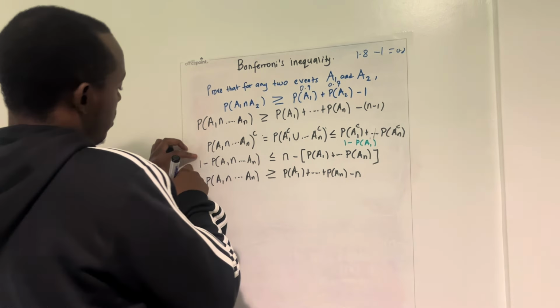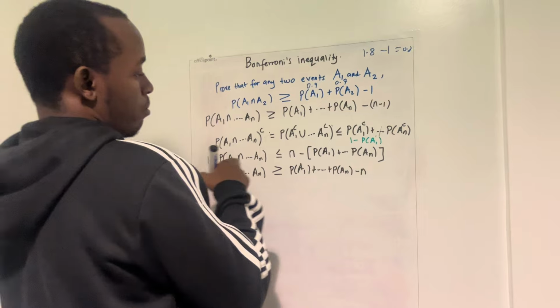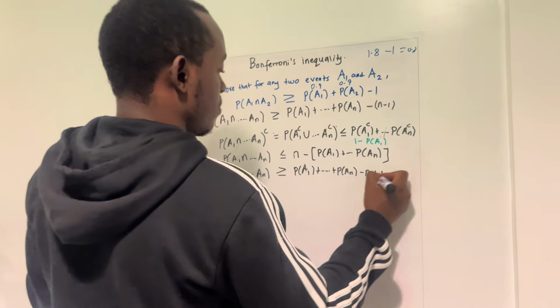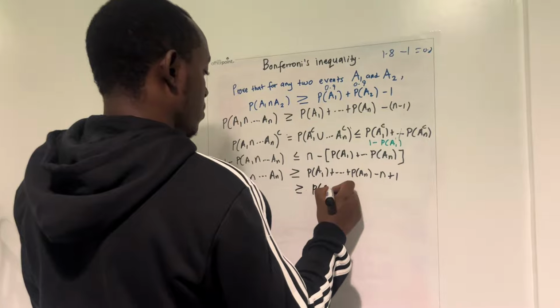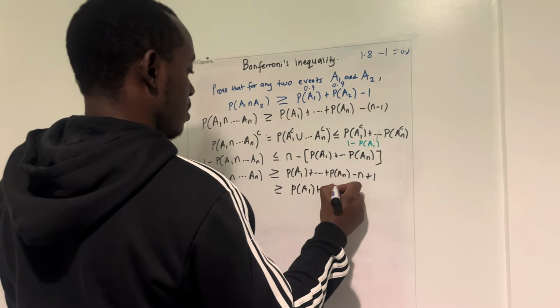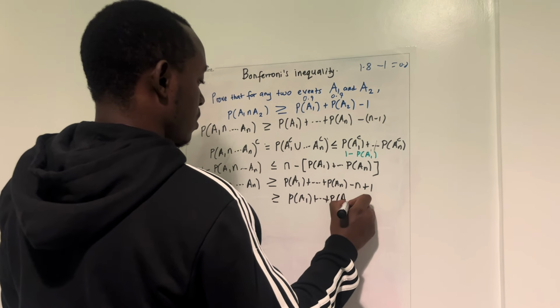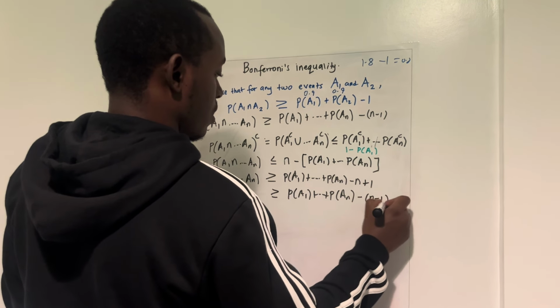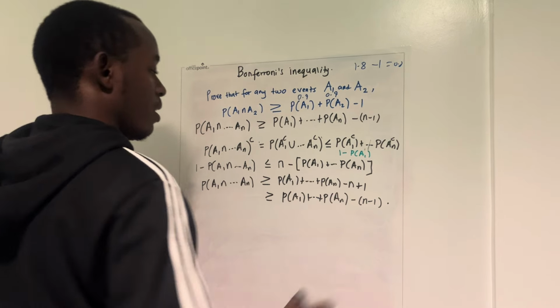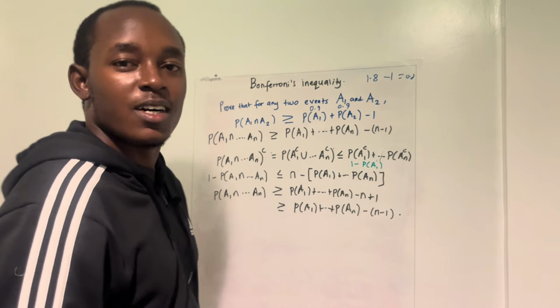That is the same thing as the probability of A1 plus ... plus the probability of An minus (n minus 1). Take out the negative, and that's it.